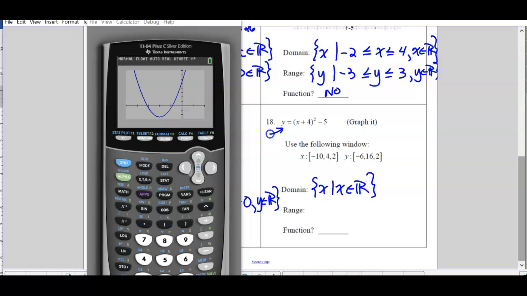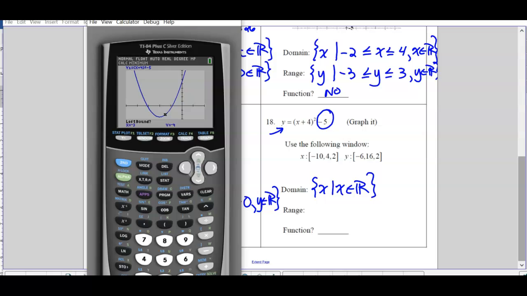The range though, there's nothing below that bottom point of the U, right? And so we need to check and see what that value is, okay? So you may not know how to do it. Basically, it is this value here, the -5, and you don't need to know this right now. But if you wanted to find that minimum point, you go second, trace, down to minimum.